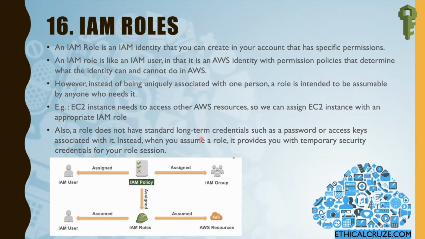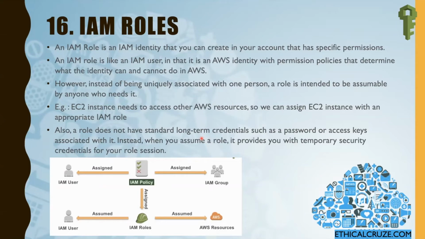An IAM role is basically an AWS identity which has permissions that determine what that identity can and cannot do in AWS. However, instead of being uniquely associated with any one person, it is a role which is assumable by anyone who needs it.